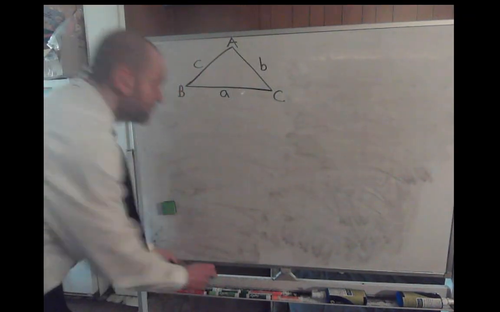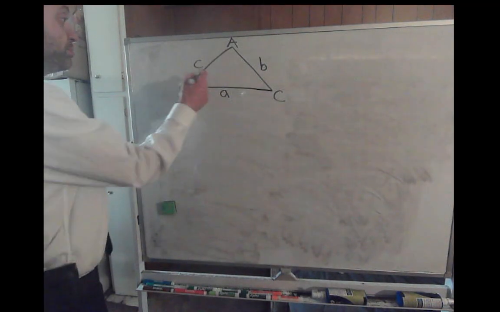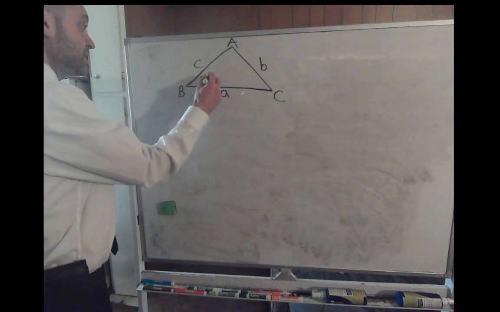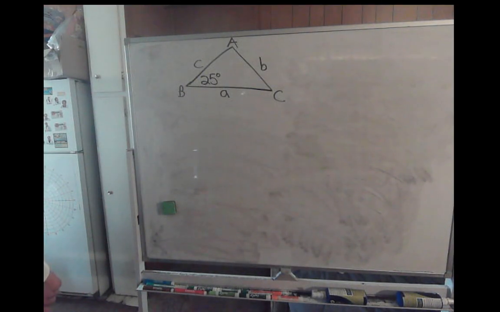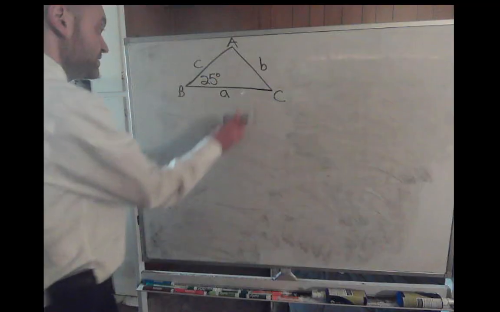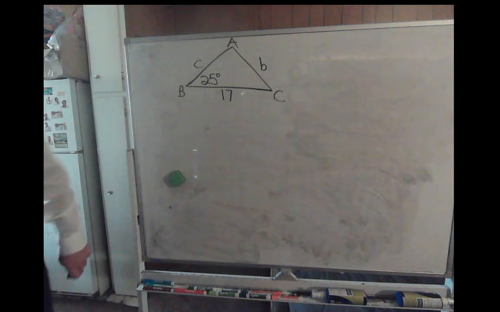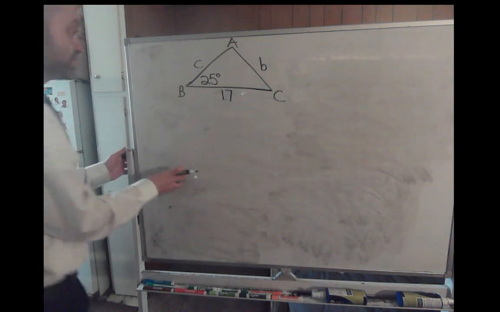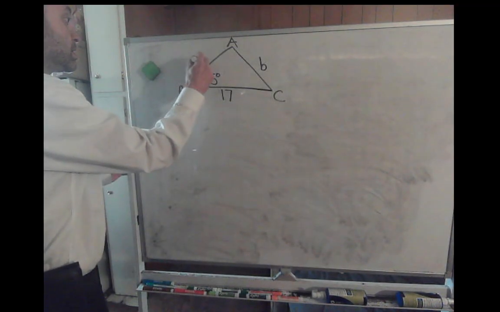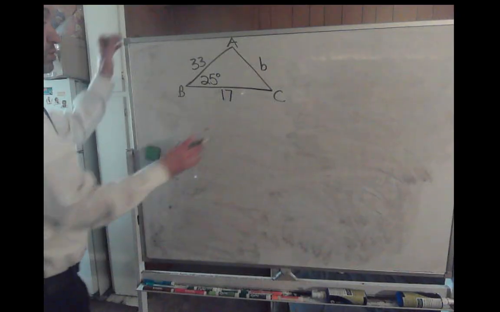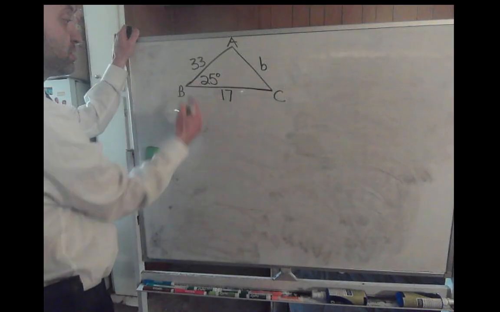What are we given? Angle B is 25 degrees, side A is 17, and side C is 33. So we have two sides and an included angle.